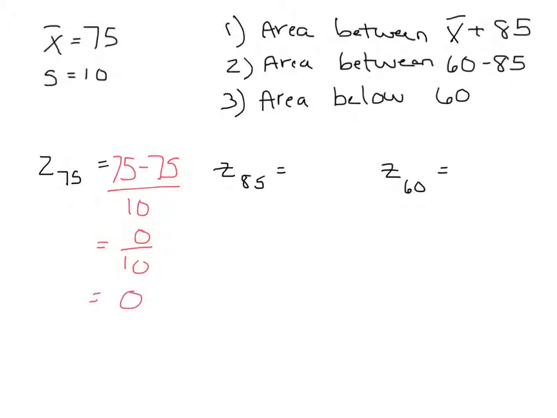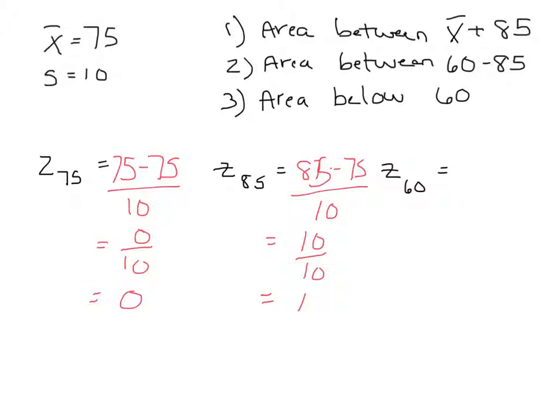For a z of 85, we're going to subtract the x value of 85 minus the mean of 75 and put it all over a standard deviation of 10, which will give us 10 over 10 or a z-score of 1.